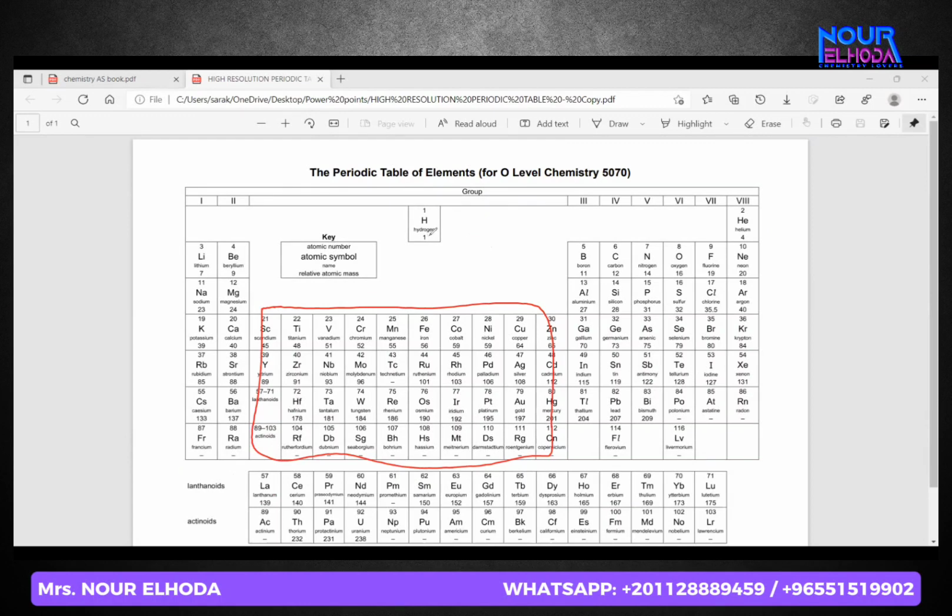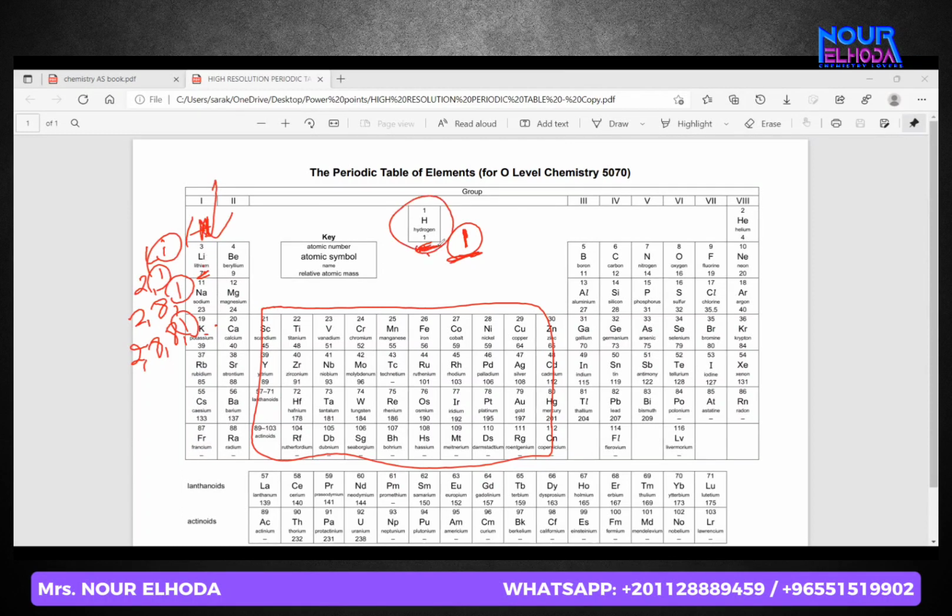Some students are asking me why hydrogen is here. Hydrogen already has 1 electron, so normally it should be here. Lithium is 2,1, sodium 2,8,1, potassium 2,8,8,1 and so on. Since all group 1 ends with 1 electron, normally hydrogen, since it has 1 electron, is supposed to be in group 1.